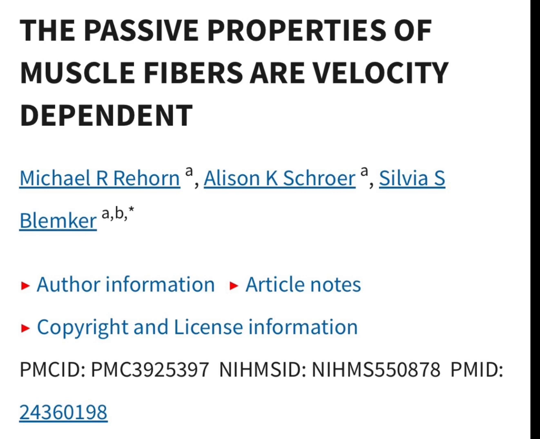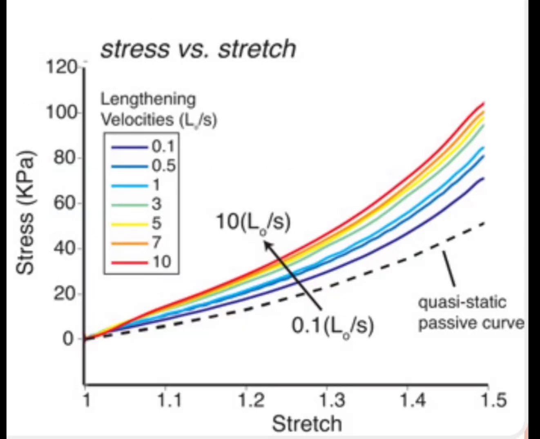Here's an example of a study on this. They dissected mice muscles, bathed them in a relaxing solution, and then did this stretching protocol at different velocities. And this is the graph of length versus stress, where stress is basically force in this case.